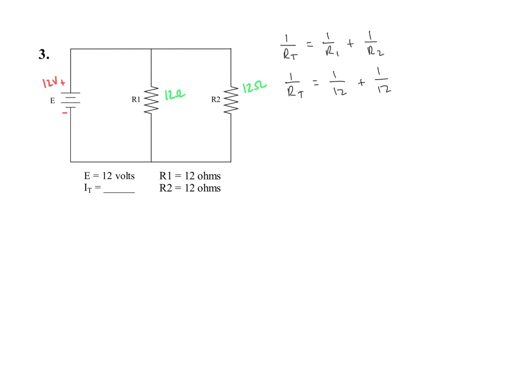Since I have the same denominator, it makes it a bit easier than normal, right? So this would be 2 12s. And then the inverse of these. And I'm kind of showing you, I normally wouldn't write this completely out because I know that I would just flip it over, but R2 in this case is going to be equal to 6 ohms.